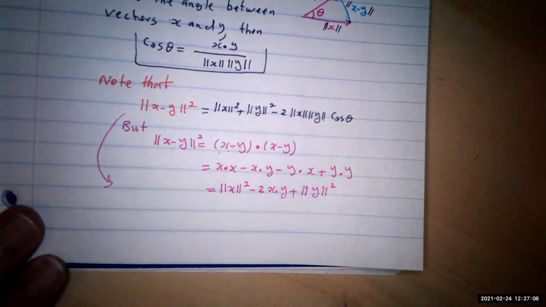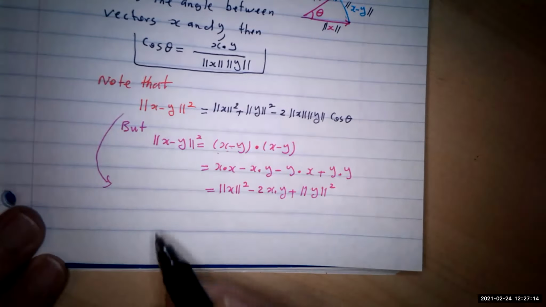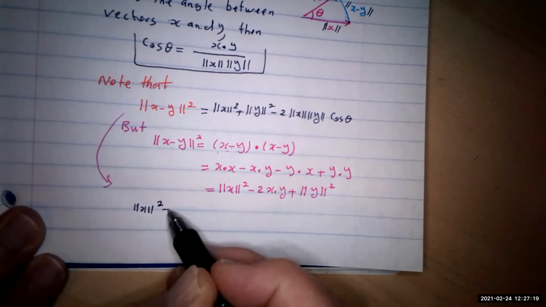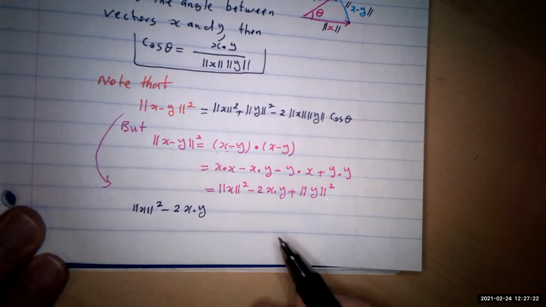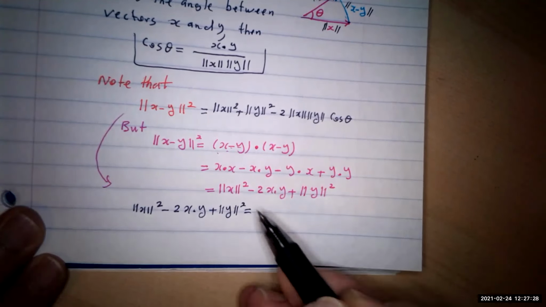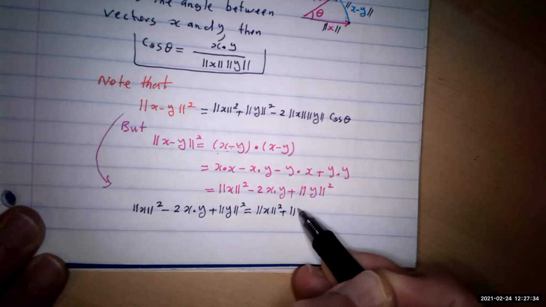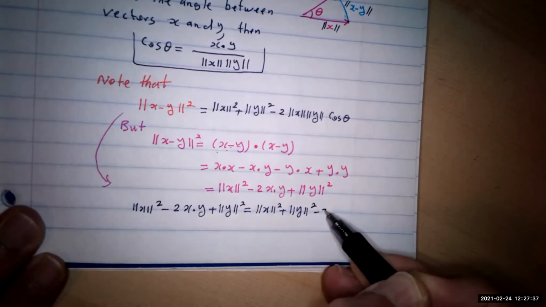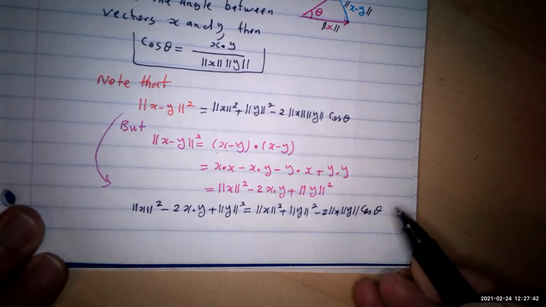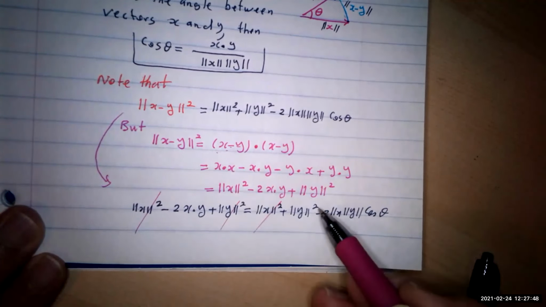We have the norm of x squared minus 2 x dot y plus the norm of y squared is equal to the other side, norm of x squared plus norm of y squared minus 2 norm x times norm y cosine of theta. You see? These would all be cancelled out.